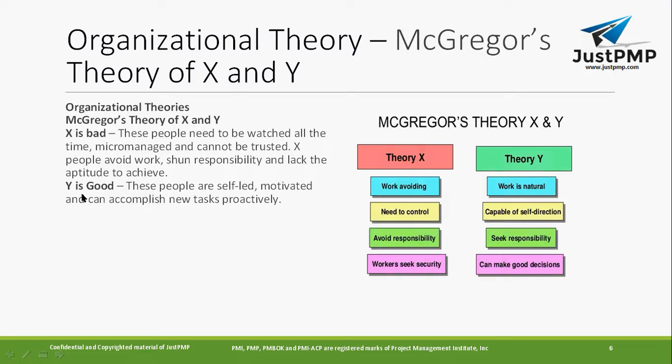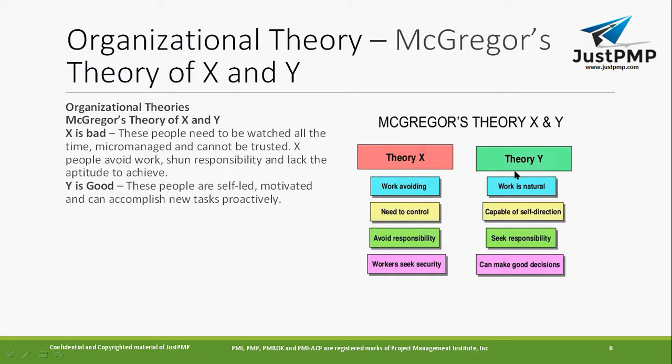So what is this theory trying to say? You need to identify in your project who is good and who is bad. For good resources, you don't have to look. You don't care much about those resources, because they are self-motivated and they can do their task proactively. But for X resources, yes, you need to do the micromanagement. Otherwise, your project deliverables will be at risk.